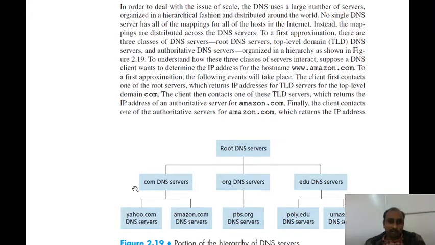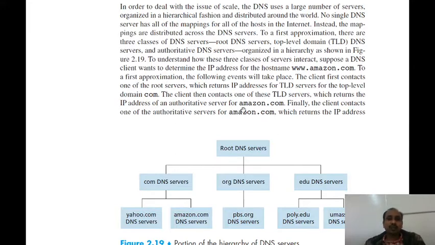These are classified into .com servers, .org servers, .edu servers. This is what a top level domain is. Under .com I have several things, yahoo.com, amazon.com and so on. Under the .org DNS server I have pbs.org. Under the .edu servers, I have poly.edu, umass.edu. So this is how the DNS servers are differentiated under each top level domain server.